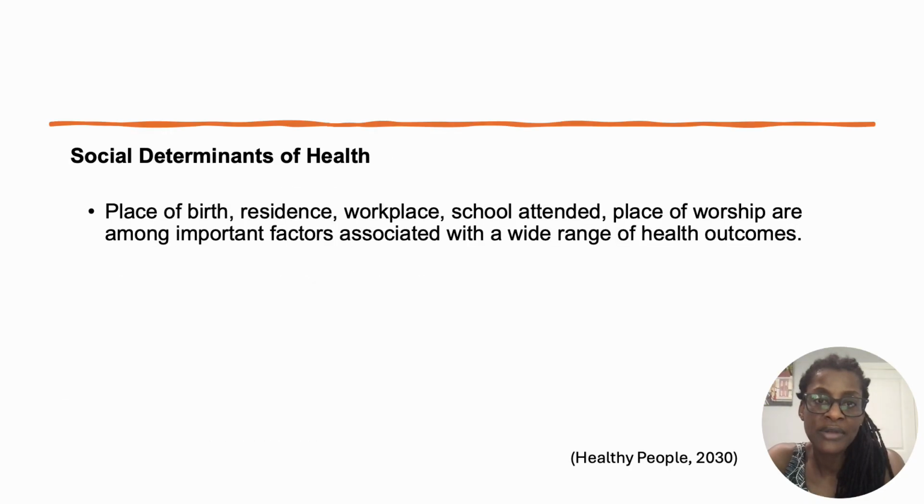Social determinants of health, or SDOH for short, are conditions in which people live that serve as important factors associated with particular health outcomes. For example, where you were born or grew up may determine the type and quality of medical care you had even early on, even in the womb.